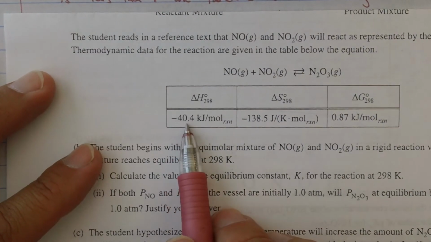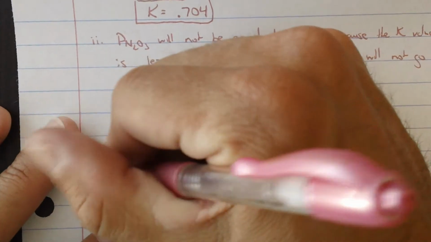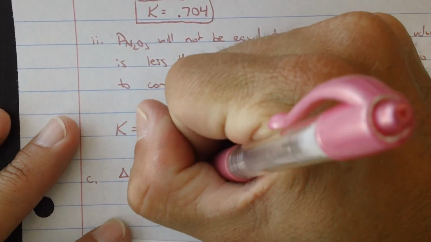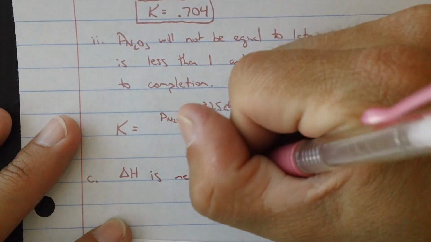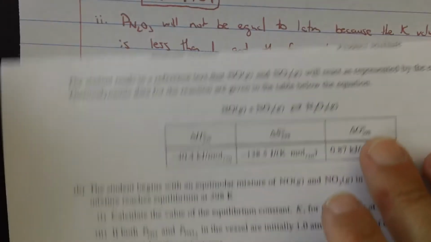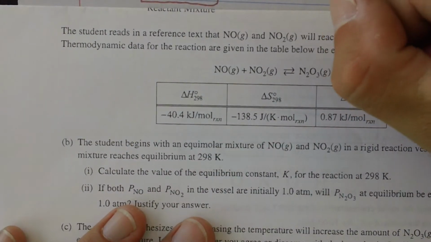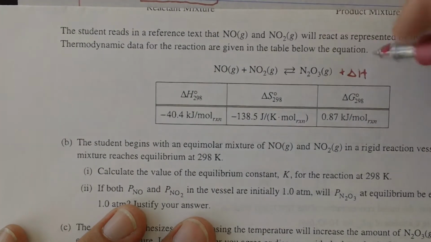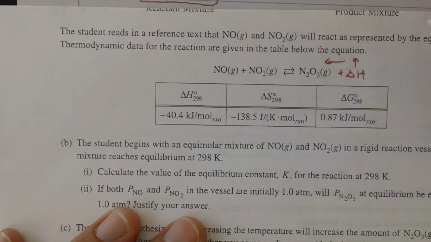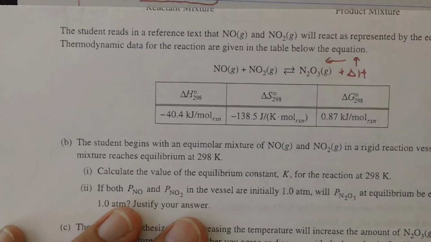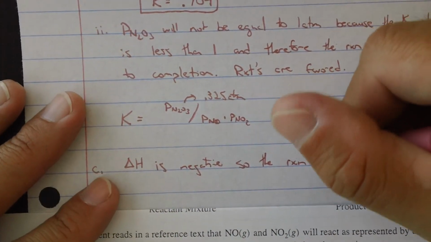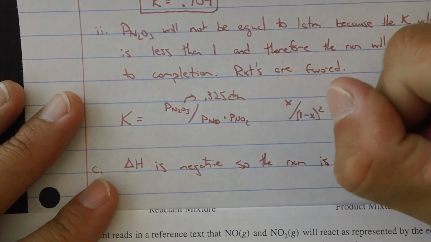Delta H is negative, so would the reaction be endo or exothermic? If it's negative, the reaction is exothermic, which means increasing the temperature would cause an equilibrium shift towards reactants.